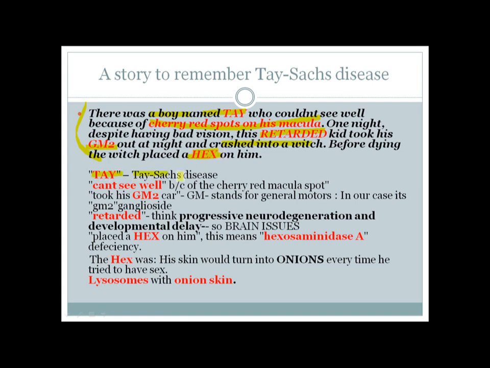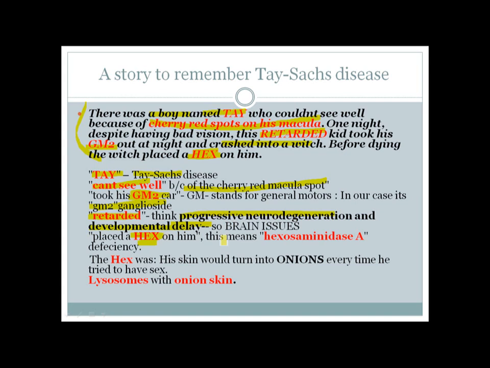So Ty means Tay-Sachs disease, cannot see well because of the cherry red macular spot. Took his GM2 car, meaning the things that are accumulated in those patients are GM2 ganglioside. Retarded, meaning, this doesn't go well totally, but you can remember retardation of developmental milestones, like progressive neurodegeneration and delay of development.